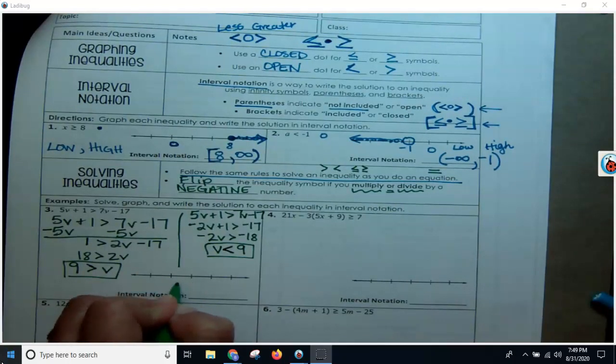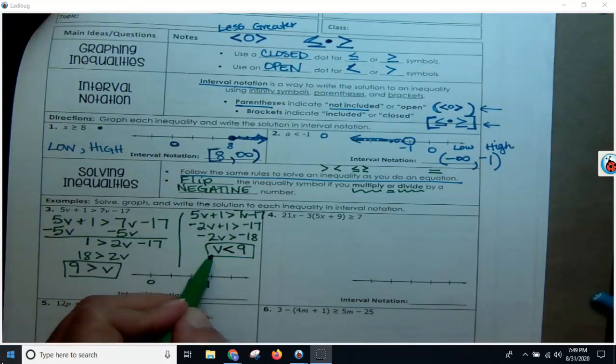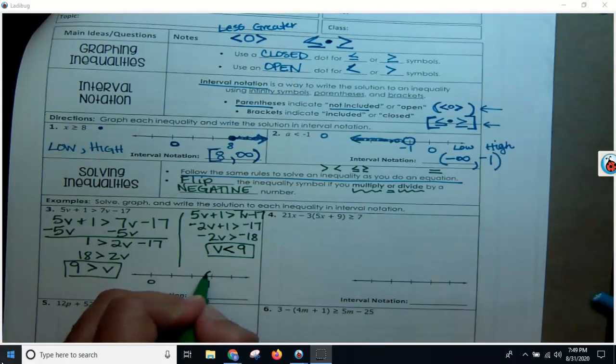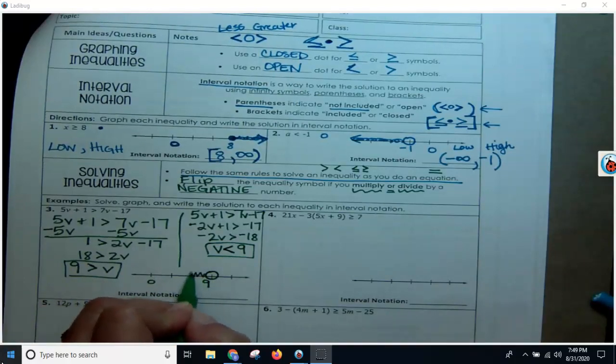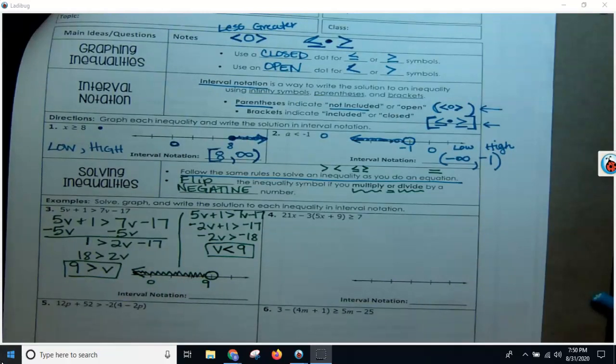So how would I graph this? Let's put my 0 here, my 9 here. So v is less than 9. I have to use an open circle because it's not equal to 9. And I'm going to graph all of the parts that are less than 9.